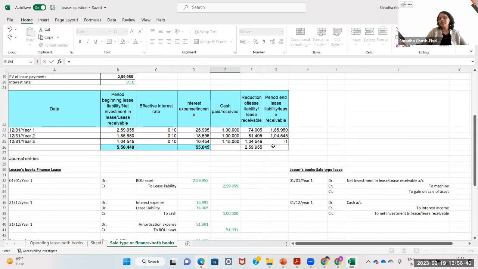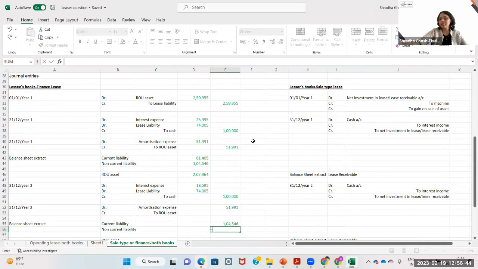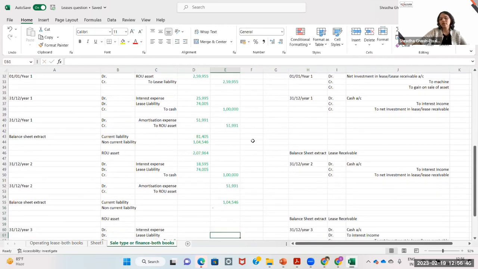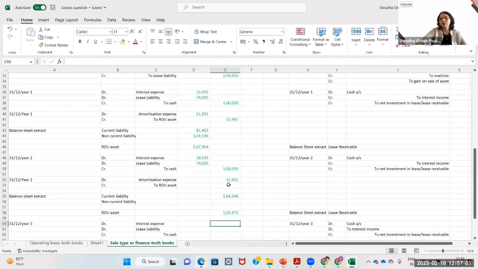Next year, my current liability portion will become the full 1,04,000 and there will be no non-current liability in my books. The ROU asset, okay, the ROU asset will become this minus the amortization again. Isn't it, guys?